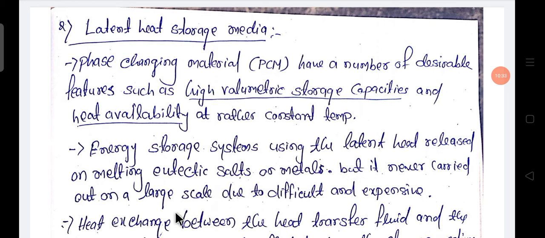But it is never carried out on a large scale, because melting eutectic salt or metal is very expensive according to the investment cost. Okay, it is very difficult to apply on a large scale.